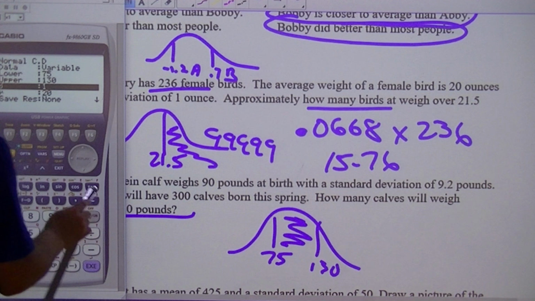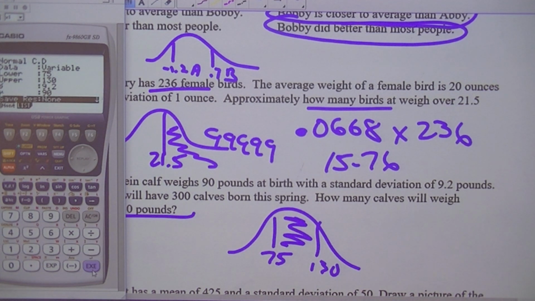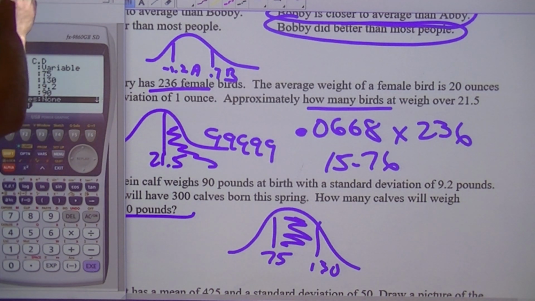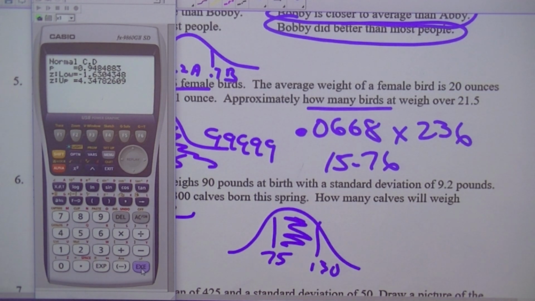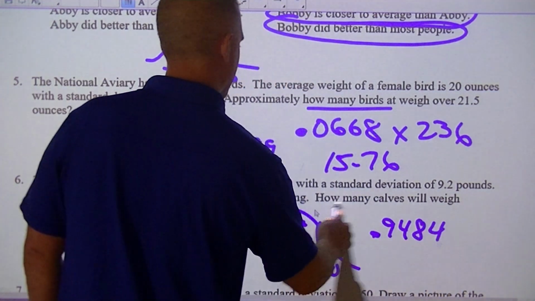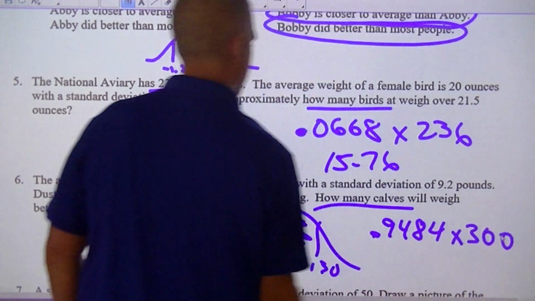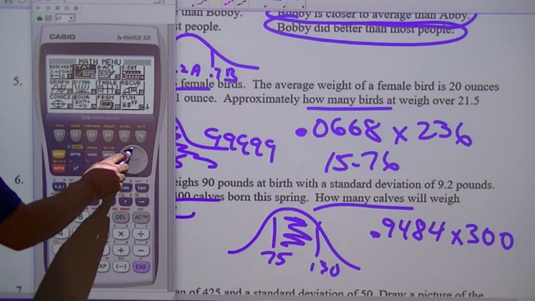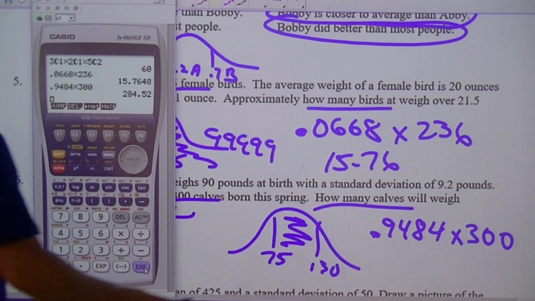Okay, the standard deviation is 9.2, and the mean is 90. Make sure you can see that. Nope, I'm slightly off the screen. Okay, so I do that, I get 0.9484. Since they asked for how many, there's been 300, so I multiply by 300. 284.